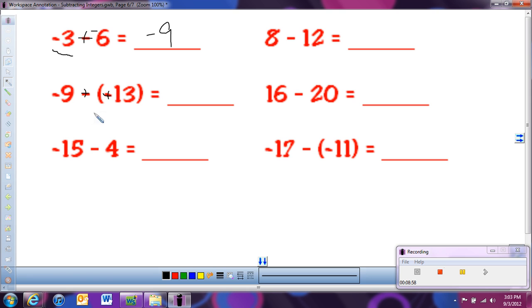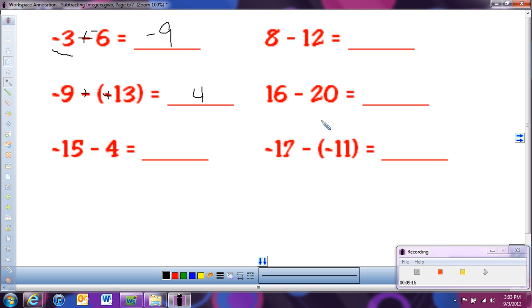So now using our rules for addition, we know that if we have one negative and one positive, we're really going to be subtracting. So 13 minus 9 would give us 4. And then, what's bigger, the absolute value of 13 or the absolute value of 9? We know that 13 is bigger, it's a positive, so our answer is positive.